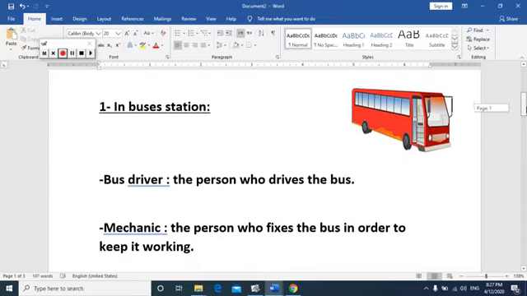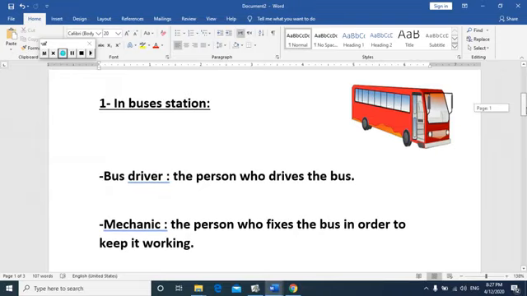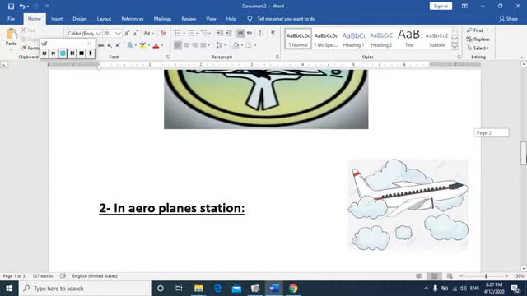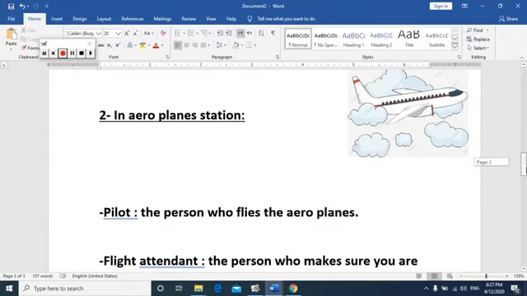Okay, again, in the bus station, bus driver, the person who drives the bus, and the mechanic, the person who fixes the bus in order to keep it working. Number 2, in the aeroplane station, pilot, the person who flies the aeroplane.